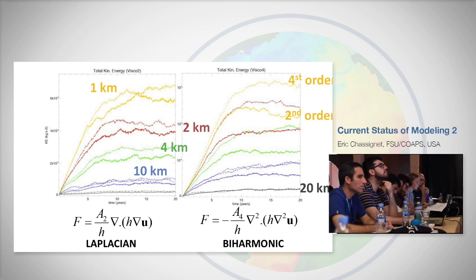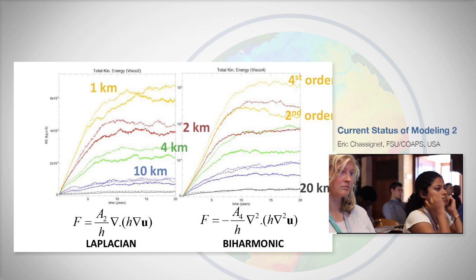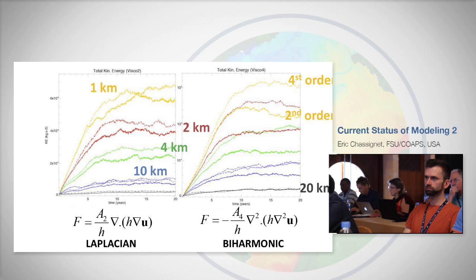You see a huge increase in the total kinetic energy as you go from Laplacian to biharmonic. Biharmonic dissipates only the features at the 2 delta x, very small scales, so the energy cascade goes much to the small scale. The Laplacian is a much larger-scale, much more viscous type of dissipation.